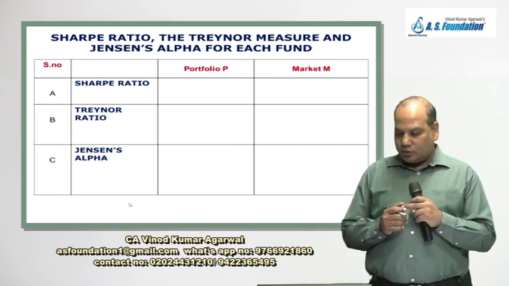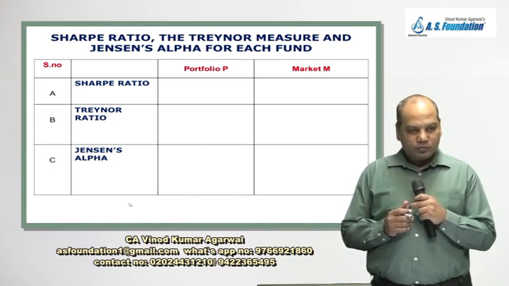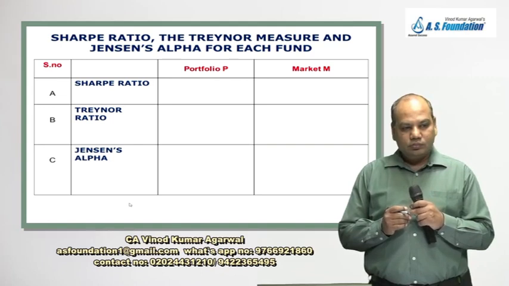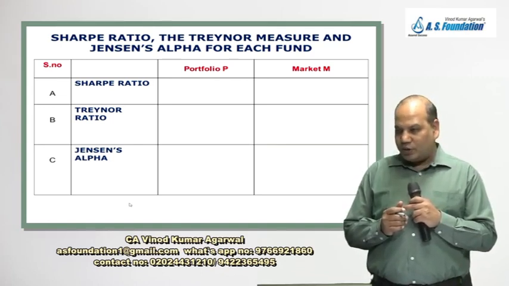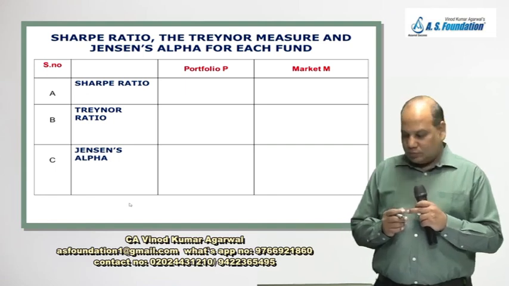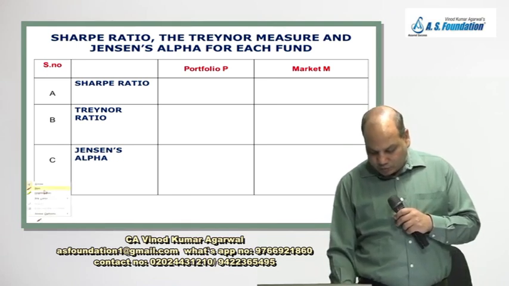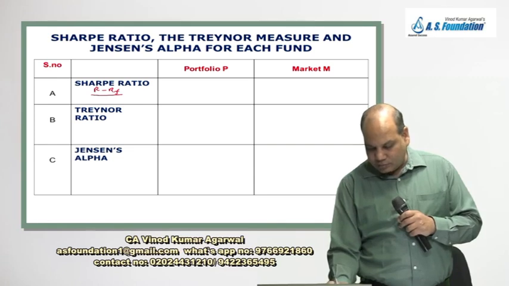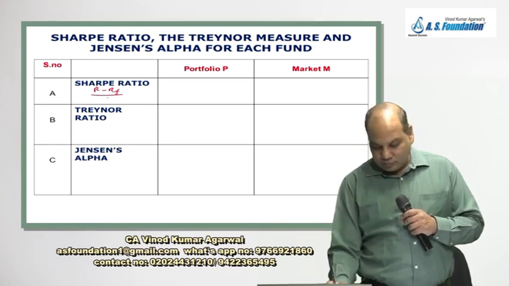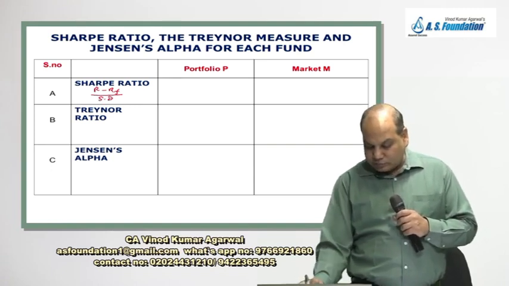On the right-hand side, 2 big columns: portfolio P and portfolio M, or market M. Write here the formula for Sharpe ratio: R minus RF upon standard deviation.